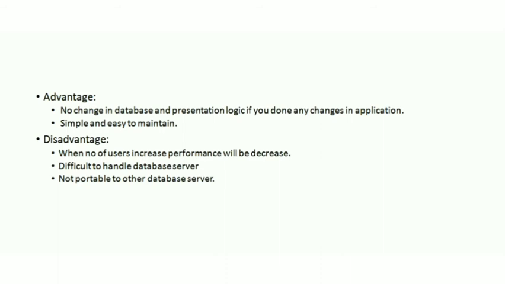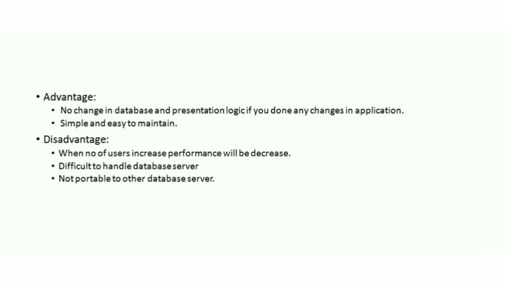So the server has to fetch which type of data resides in the database part, how the request is handled, and how to respond to that particular request, and the appropriate output or response is given to the client. So this is difficult to handle and not portable to other database servers. These are the disadvantages of two-tier architecture.